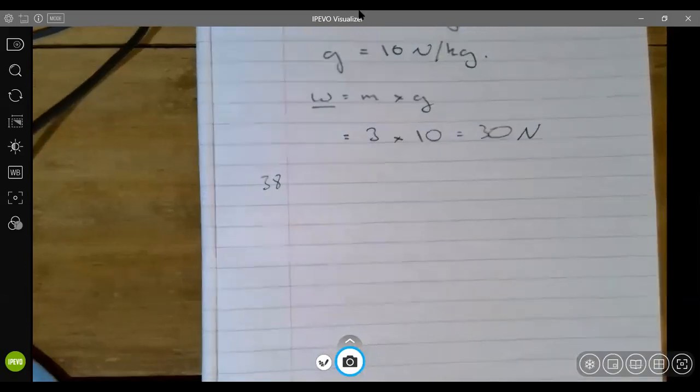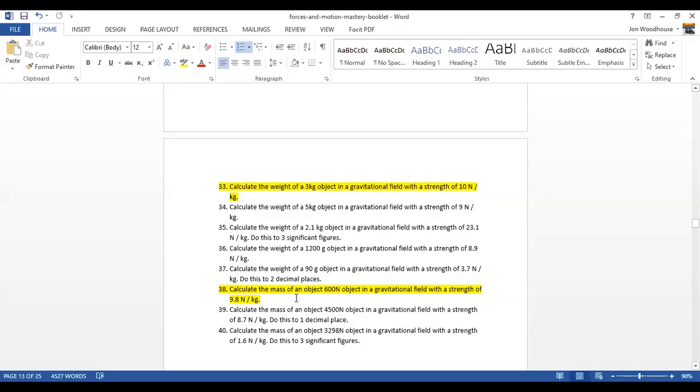So if we look back at 38, we can see we're going to calculate the mass of an object. So mass is equal to question mark, I don't know. It's got an object with 600 newtons of force acting on it.